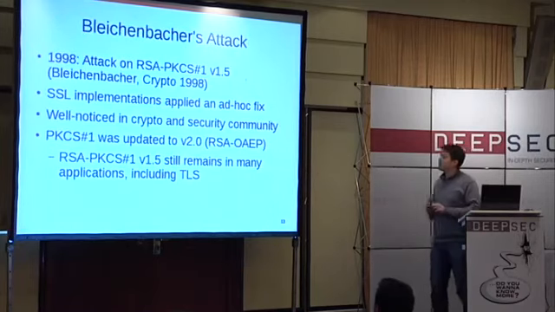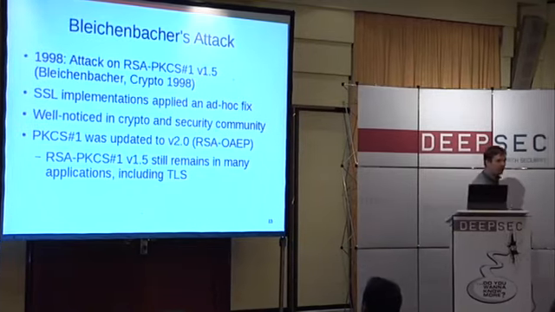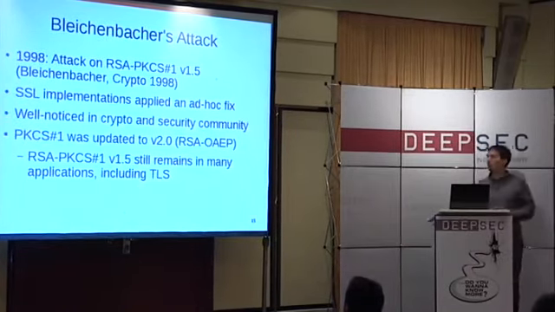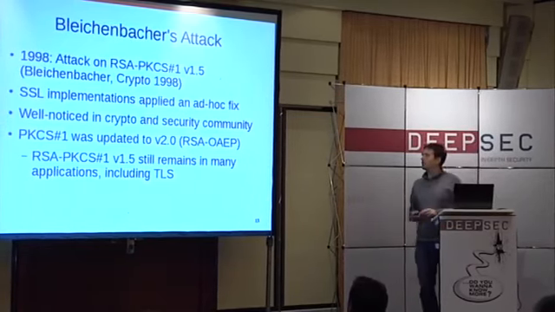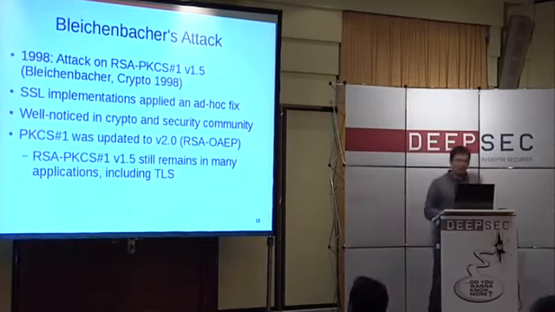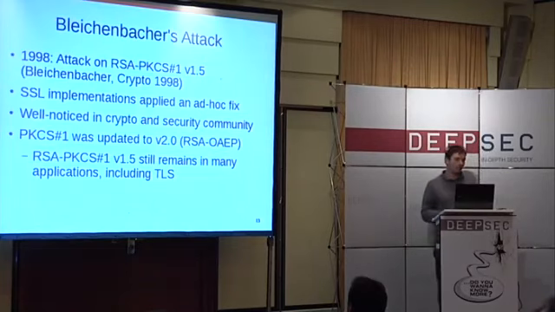Okay, Bleichenbacher's attack. In 1998, so about 16 years ago, Bleichenbacher presented at Crypto his attack on PKCS 1.5. The attack was well noticed in the crypto and security community, and it was applied to different standards like SSL at this time.